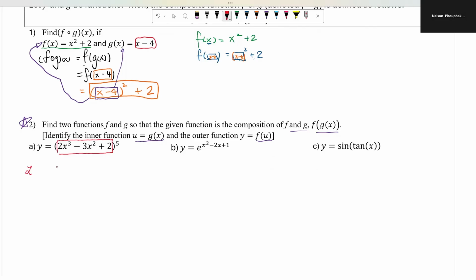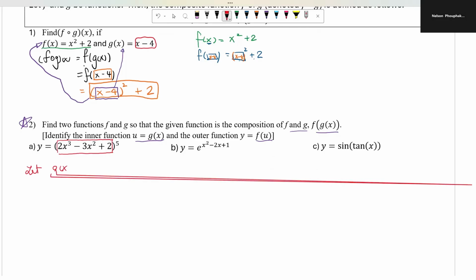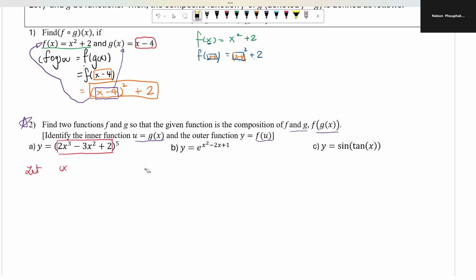So I let g of x equal 2x to the power 3 minus 3x squared plus 2. Now, when I create my f function, remember the one in the box, I replace it with x. Then the f function will be x to the power 5.